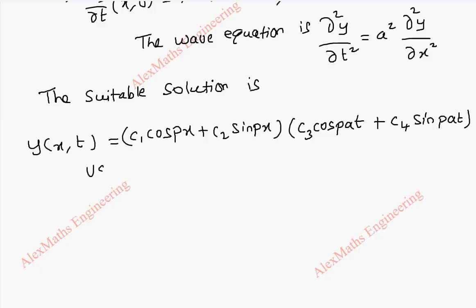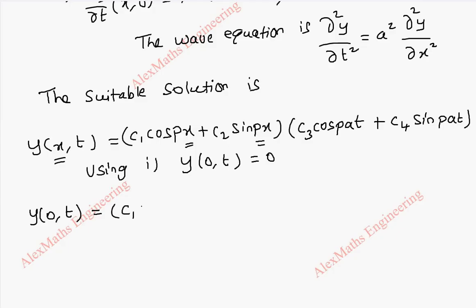Now let's use the first condition, which is y of 0 comma t is 0. Wherever x is there, we have to put 0. So y of 0 comma t becomes, when I put 0 here, cos 0 is 1, so we are left with only c1, and sin 0 is 0. So totally c1 alone is there, and the remaining terms are c3 cos pat plus c4 sin pat.